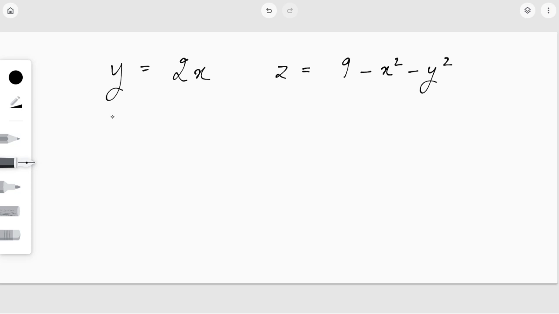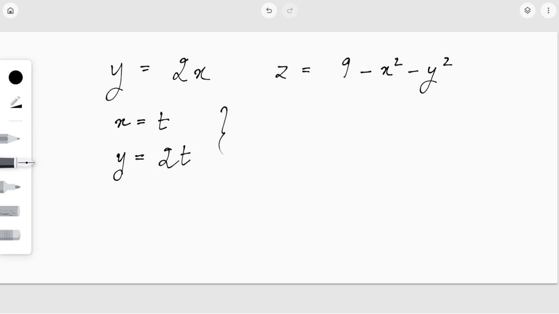What we must do is, first we must consider the parameter x is equal to t. Say x equal to t is the parametric equation of the required curve. Now when x is equal to t, what will be the value of y? y will be equal to 2t.